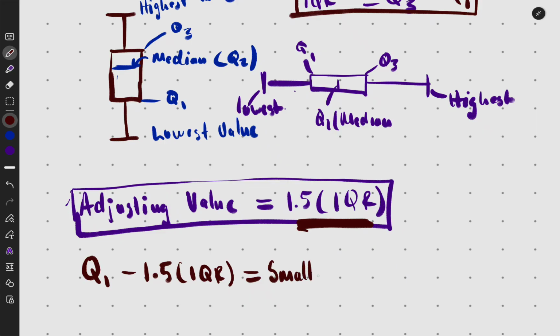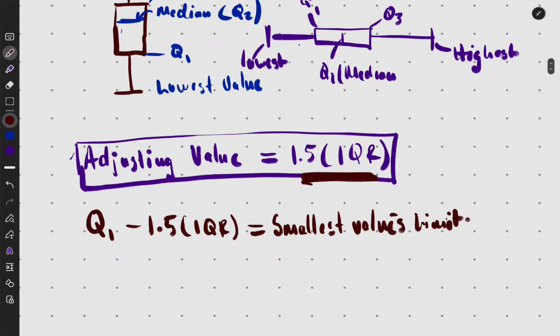So it's going to be the smallest values limit. This value is going to be the boundary you use to find outliers. An outlier is going to be any value which is smaller than this.